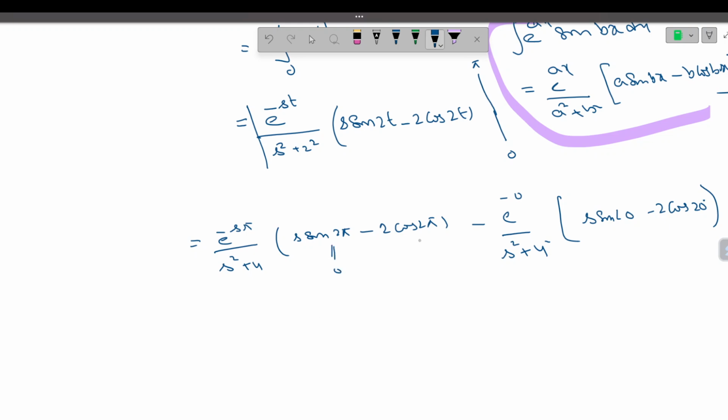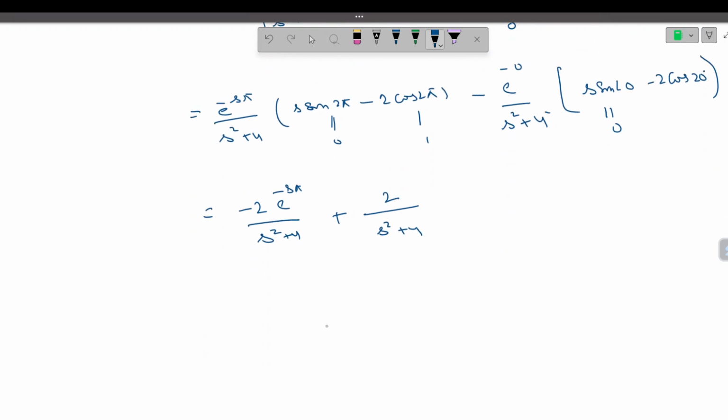Sine 2 pi is 0, cos 2 pi is 1, so this is 2 e to the power of minus s pi by s square plus 4. Here also sine 0 is 0, cos 0 is 1, and e to the power of 0 is 1, so minus of minus is plus 2 by s square plus 4.